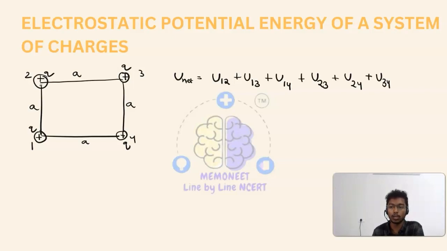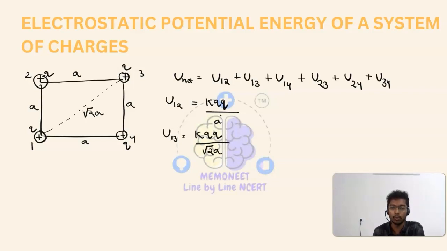So here, for the potential energy between the interaction of the first and second charge, we have k q into q upon a. Then for U13, that is k q into q upon, what is the distance here? This is under root 2a, because this is the diagonal.